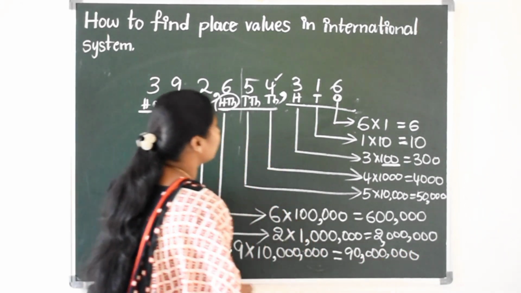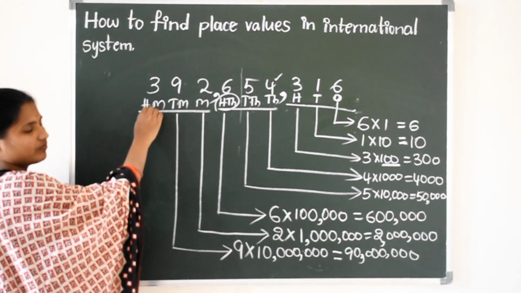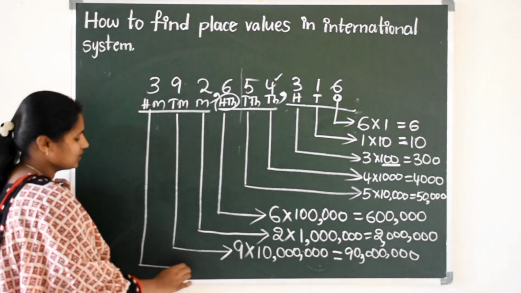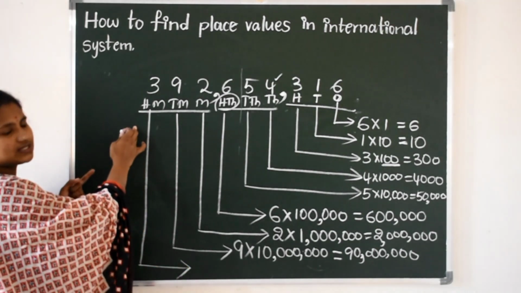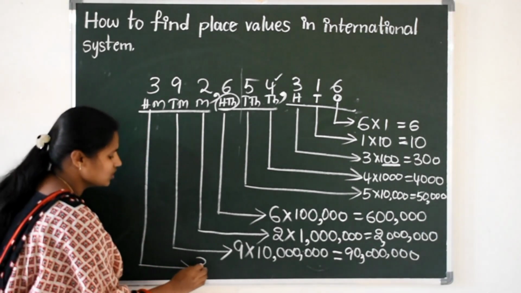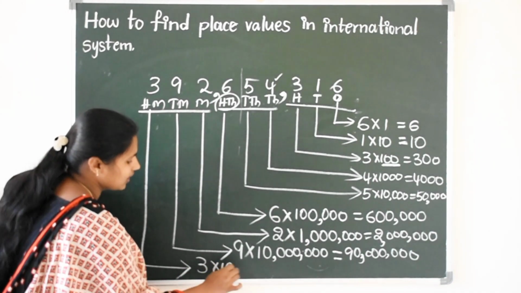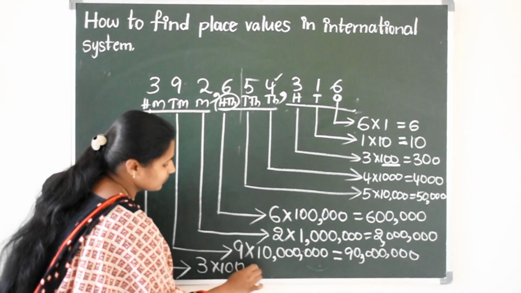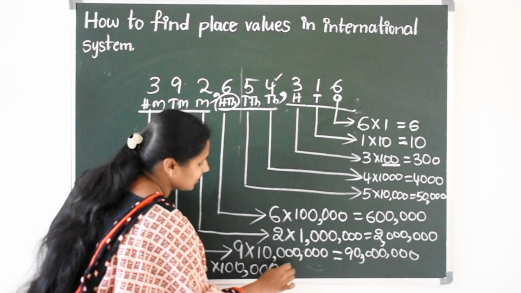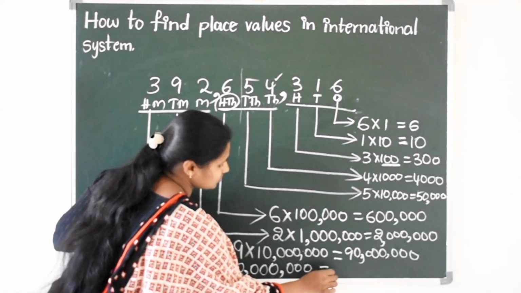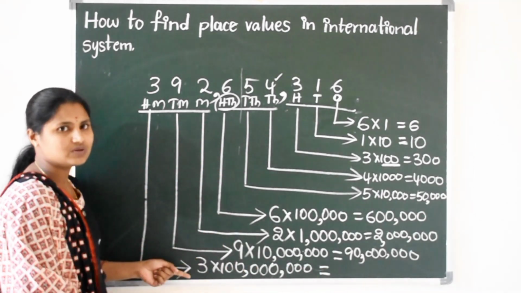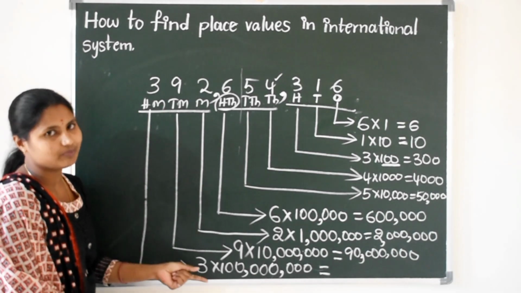Next, last one, 3. Find out the place value of 3. Here 3 is in which place? The 100 millions place. So 3 into 100 millions gives 300 millions.